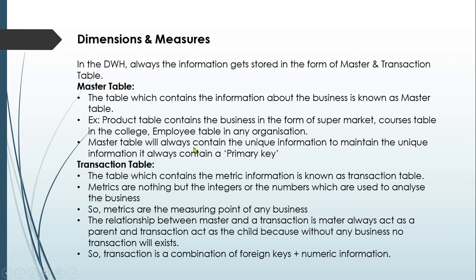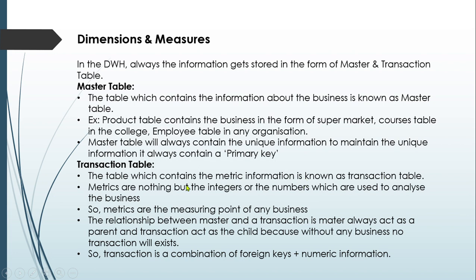Master table will always contain unique information. To maintain the unique information, it always contains a primary key. You understand? In the dimension table, we usually have primary keys, right? So coming to the transaction table, the table which contains the metric information is known as the transactional table.